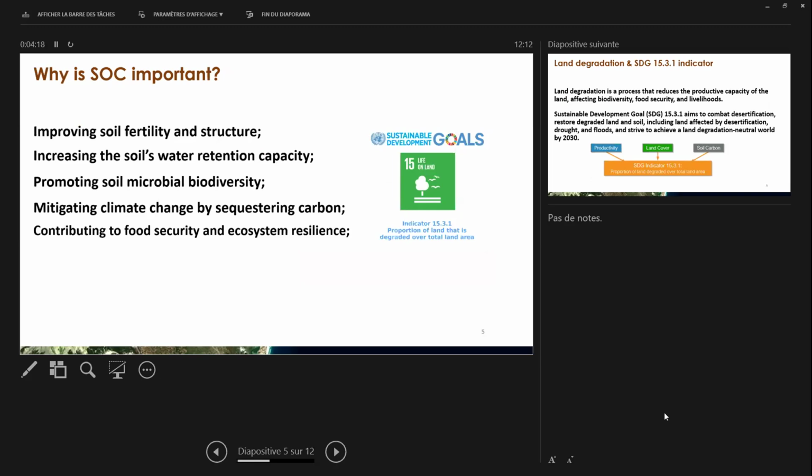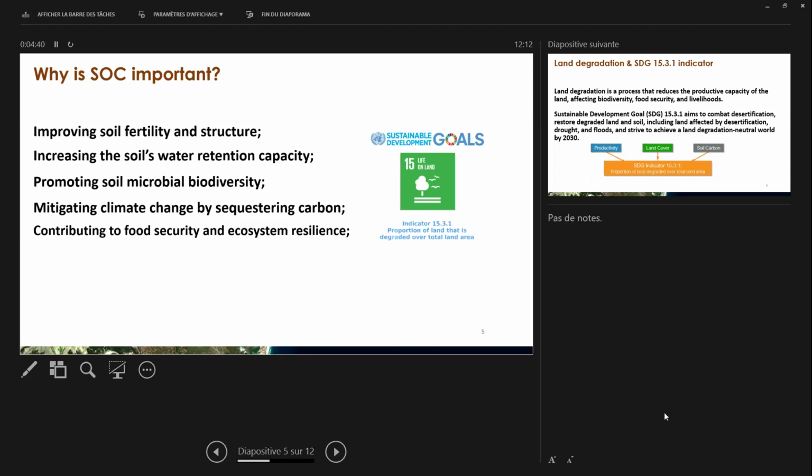Soil organic carbon also promotes biodiversity and microbial biodiversity, mitigates climate change by sequestering carbon, and contributes to food security and ecosystem resilience as part of the SDG indicators.